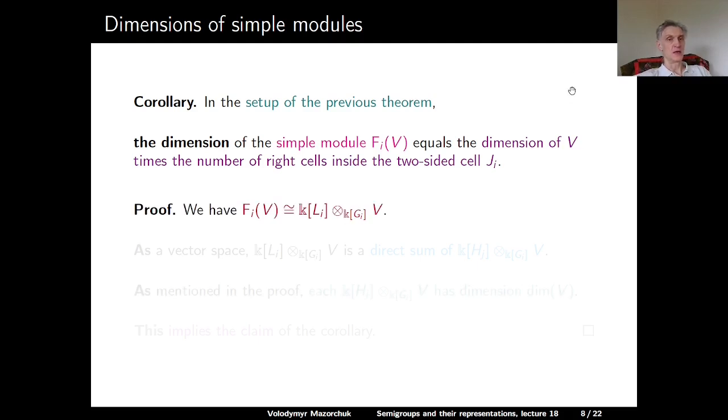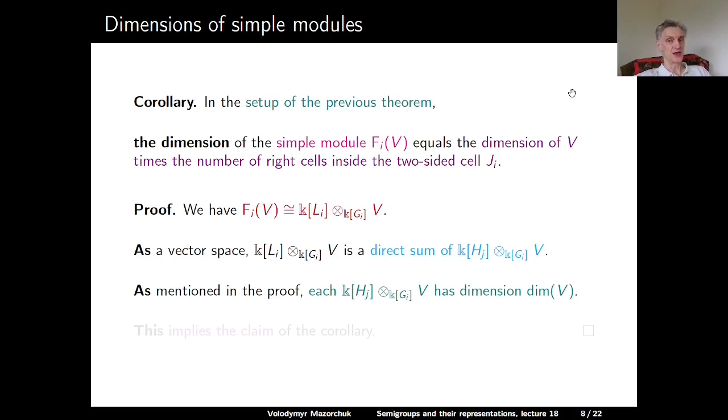Proof. Fi of v, by definition, is K of Li tensor over K of Gi with v. As a vector space, this tensor product is a direct sum of different K of Hj's tensor over K of Gi with v, and each K of Hj is free of rank 1 over K of Gi, so the dimension of this smaller tensor product is exactly the dimension of v.